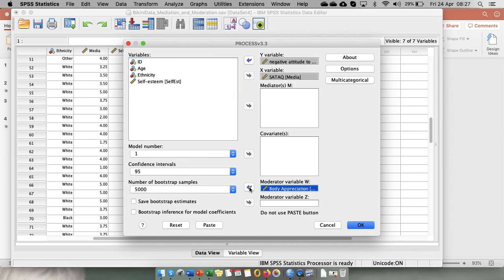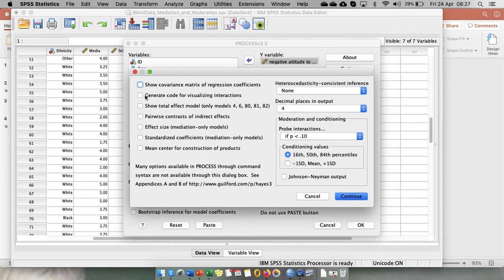The next thing that you want is to specify some useful information you want SPSS to compute. So go to options, and a lot of these options are for mediation models. They're generally more popular, and there are more of them in process. But what you want to select is generate code for visualizing interactions.